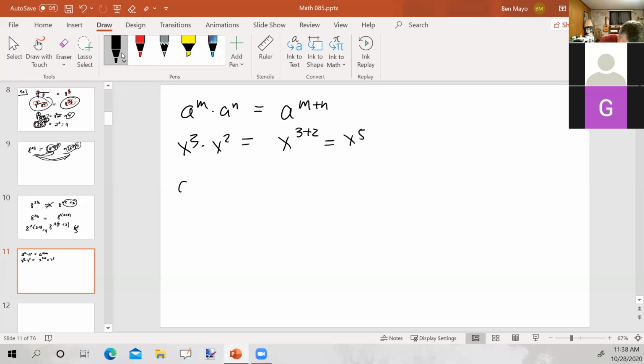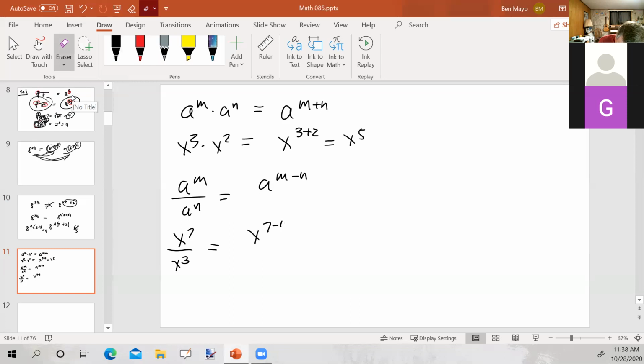If you're dividing two powers with the same base, you subtract the bottom exponent from the top exponent and attach it to the common base. So if I had x to the 7th divided by x to the 3rd, that would be x to the 7 minus 3, which is x to the 4th.